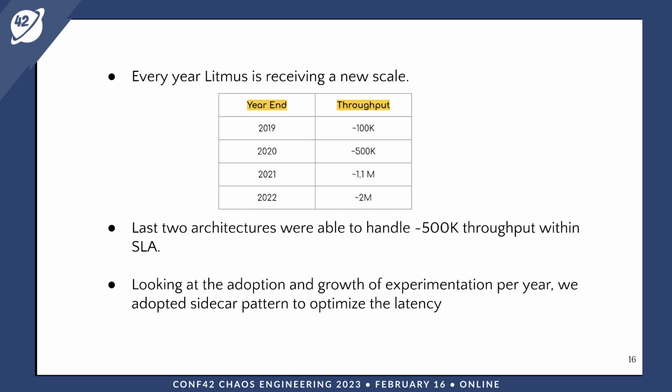So looking at the adoption and the growth of experimentation per year, which we saw in the scale slide, how the number of experiments and releases are increasing over a course of time, we adopted a sidecar pattern to optimize the latency, right? Why sidecar pattern? Because by running the sidecars on the client server, you are distributing the resources.